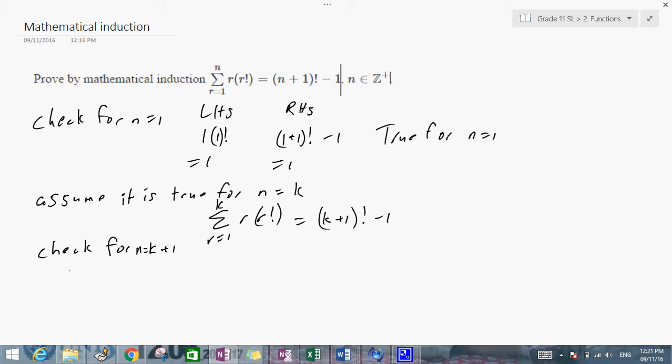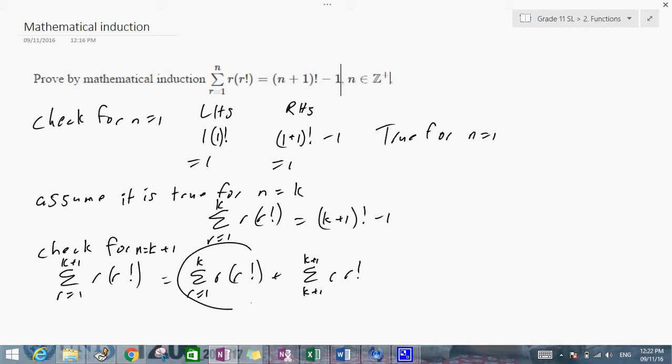Alrighty, so let's see what happens. So from r equals 1 to k plus 1 of r times r factorial. Well, if we look at that, that is the same thing as going from r equals 1 to k, plus the term for k plus 1.